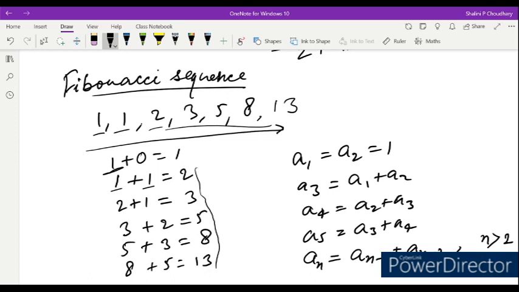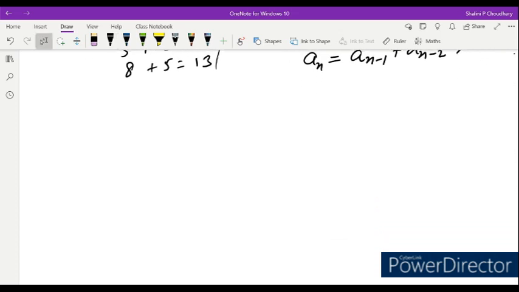Okay, now this is one series. We'll do sums based on the concept of arithmetic progression. So if we have a question: write the first 3 terms of the following sequences given by an is equal to 2n plus 5.